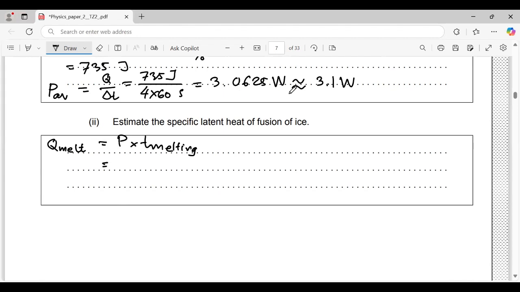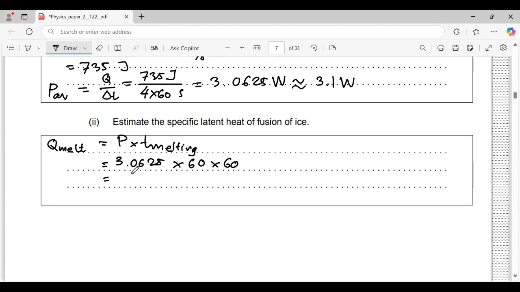P is this one, but I would like to use this number, 3.0625, times, if you look at the graph, there are 60 minutes, times 60 to convert into seconds.